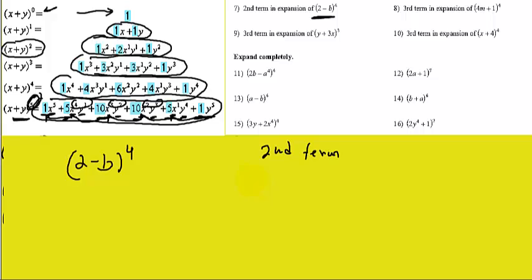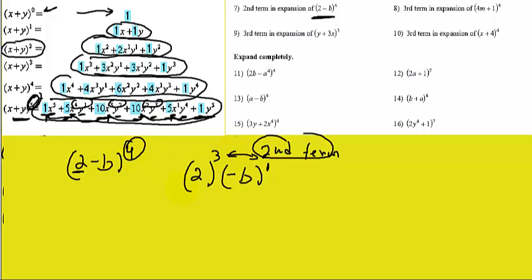Second term means my negative b will have a power of 1, 1 less than whatever the term is. And then that means my 2, which is my first term here, will have a power of 3 because my powers have to add up to 4 in this particular problem.